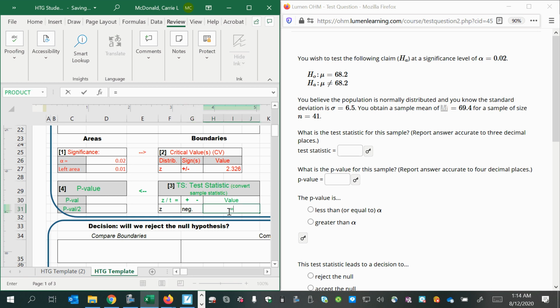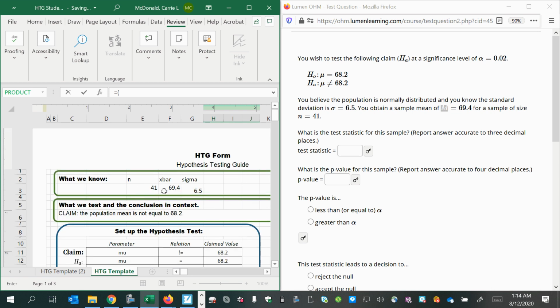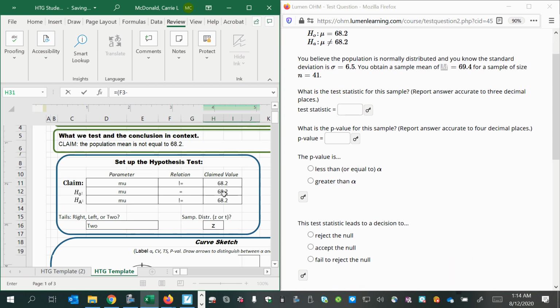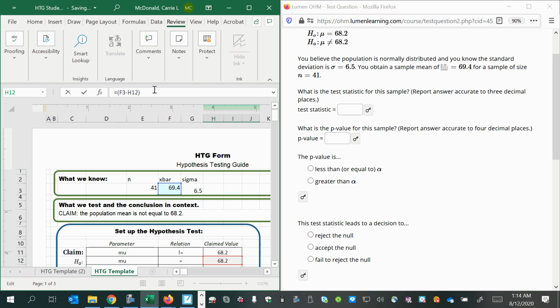And to convert a sample mean into a z-score, we use the z-score formula where you take your sample mean, x bar, you subtract from it the claimed or assumed population mean, and then you take that quantity and divide it by the standard error.